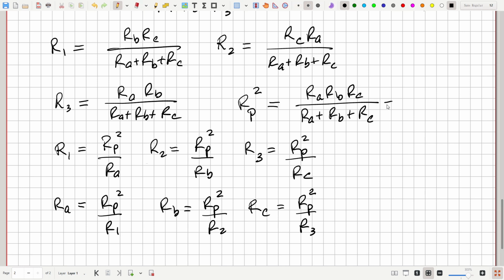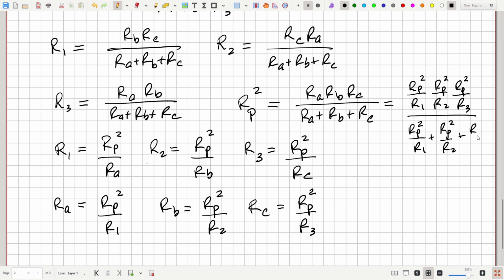RA is RP squared over R1, then we'll have RP squared over R2, and for RC, we'll have RP squared over R3, and that will then be over RA plus RB plus RC, which is RP squared over R1 plus RP squared over R2 plus RP squared over R3. Okay, and then that's equal to RP squared.